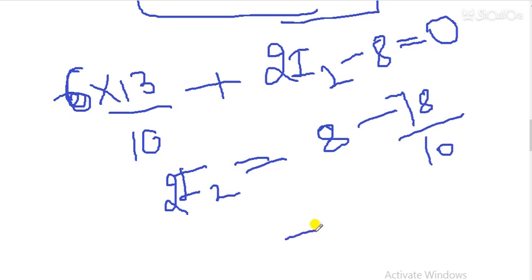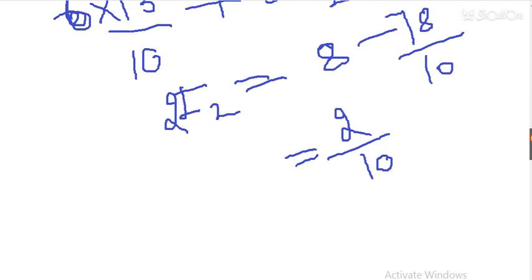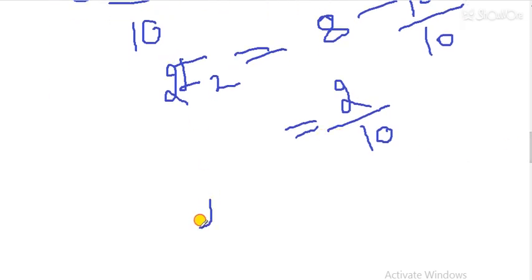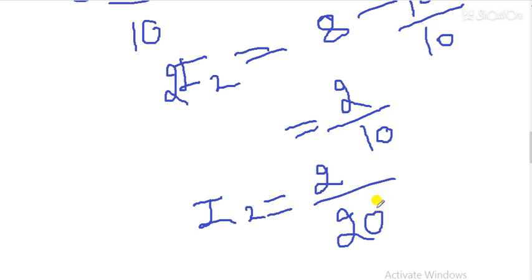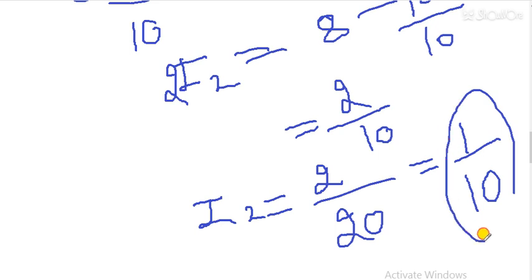After taking the LCM, it will be 80 minus 78, so 2 by 10. And after this, I2 equals 2 by 20, and finally the I2 value is 1 by 10.